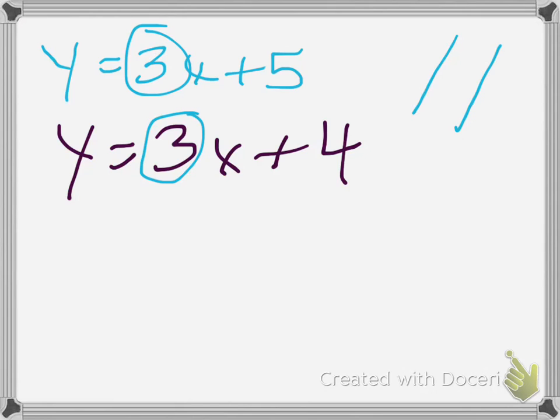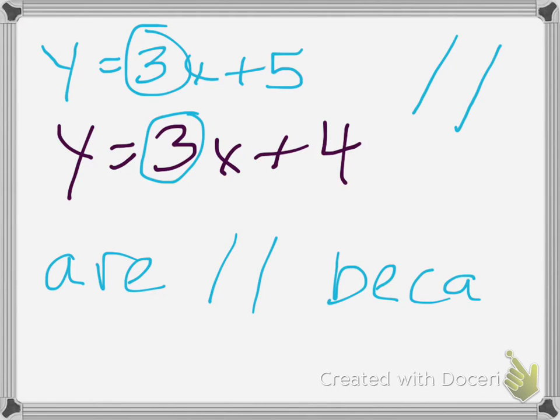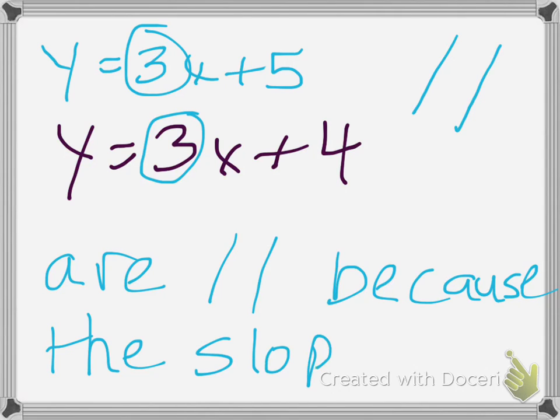So these two lines are parallel, and that's the symbol for parallel, because the slopes are equal. If you're given an equation in slope intercept form and the slopes are the same, then the lines are parallel. That means they're never going to cross when you graph them.